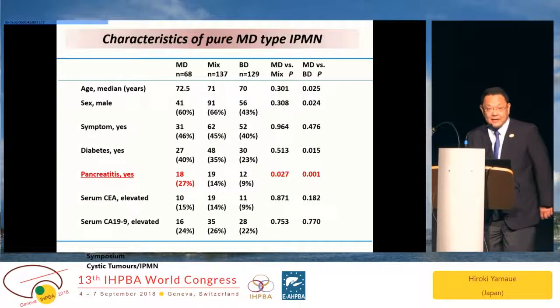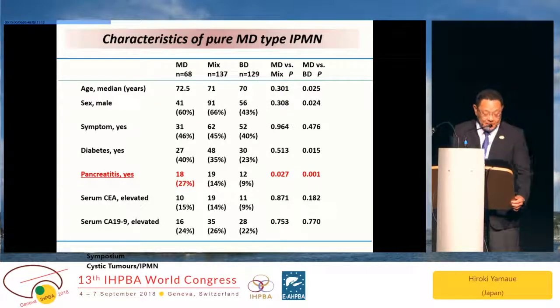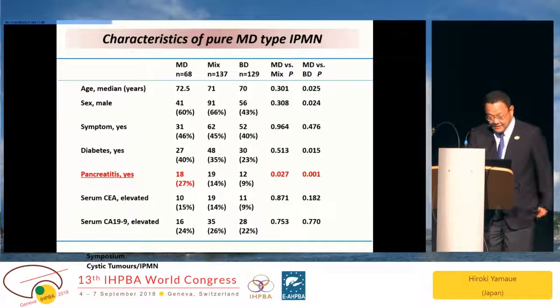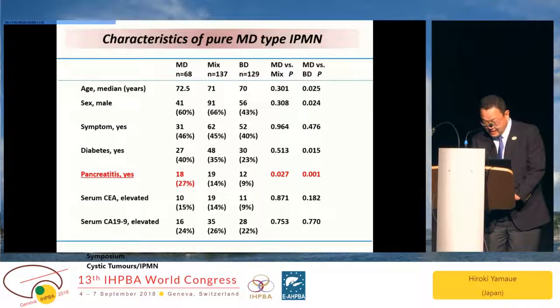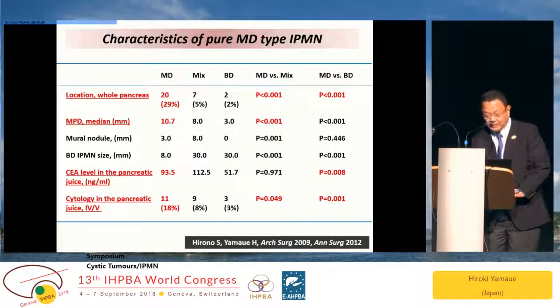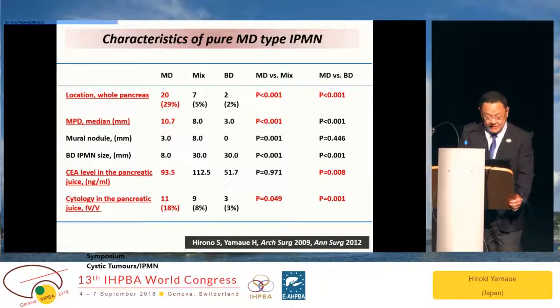And what are the characteristics of pure main duct IPMN? As you can see, the incidence of pancreatitis was 27%, which was higher compared to the mixed or branch type and the other subtypes. And what about the location?